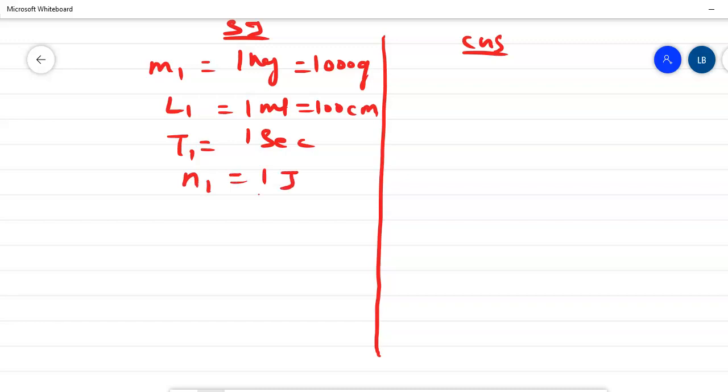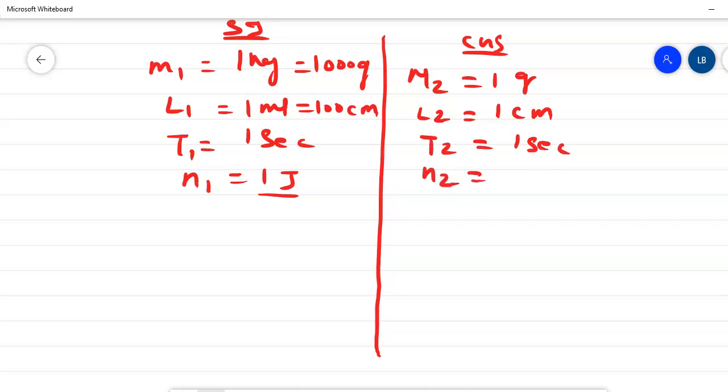It is asked in this question: 1 joule equal to how much erg. So M2 equal to 1 gram, L2 equal to 1 centimeter and T2 equal to 1 second, and N2 I have to find out.